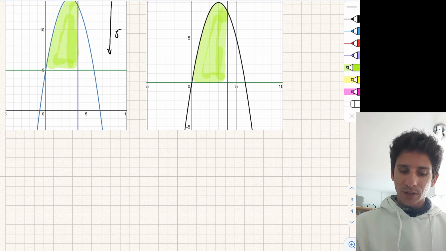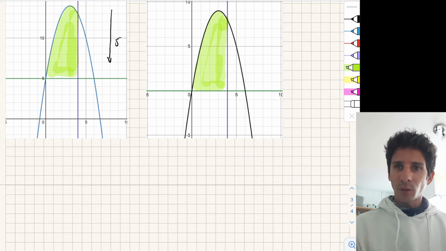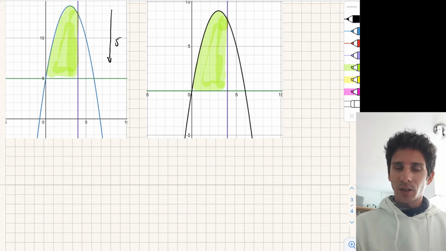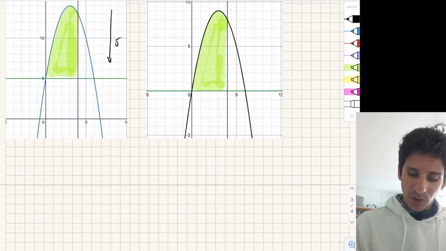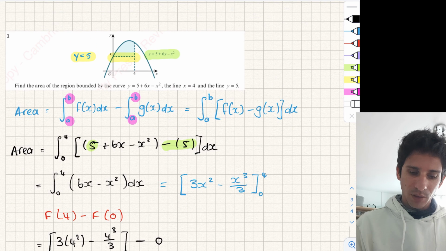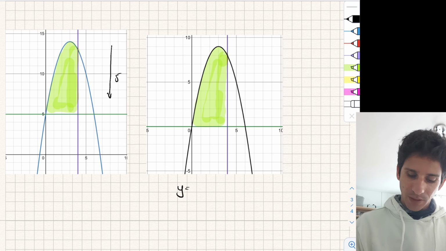Okay, so let's work this problem from that perspective. If I think about the equation, I no longer have the same equation for the curved graph. This curved graph had the equation y equal to, well, let's make sure we don't get the wrong equation, it's 5 plus 6x minus x squared.